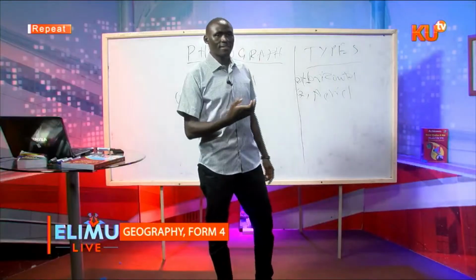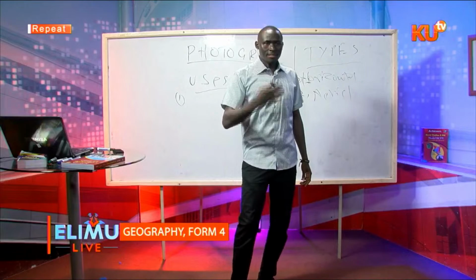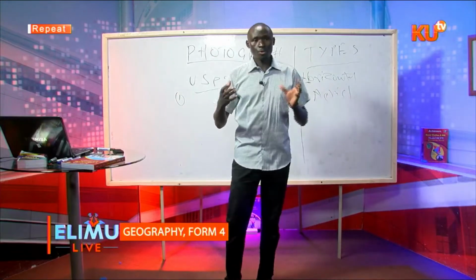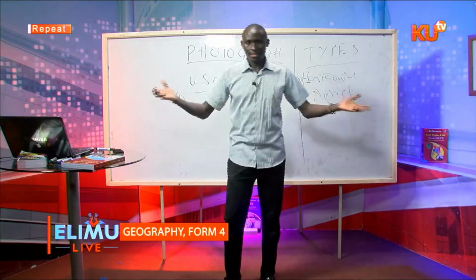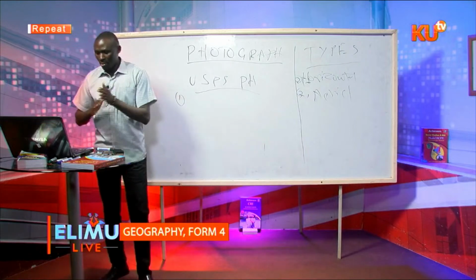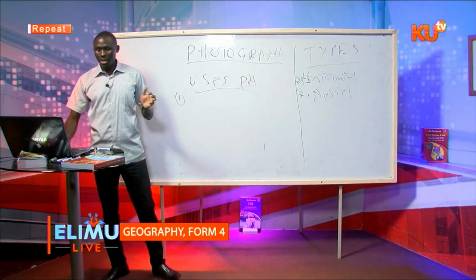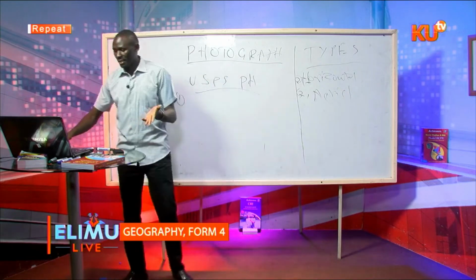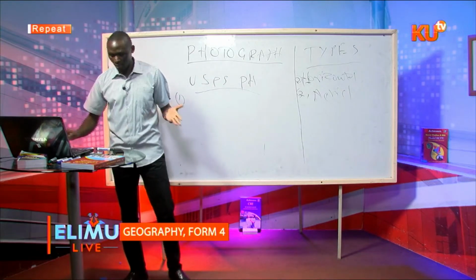So when we are using this, each photograph that is taken, be it social or political, must show some interpretation that we want to do. Now, number one way of interpreting a photo is that it must have a title.